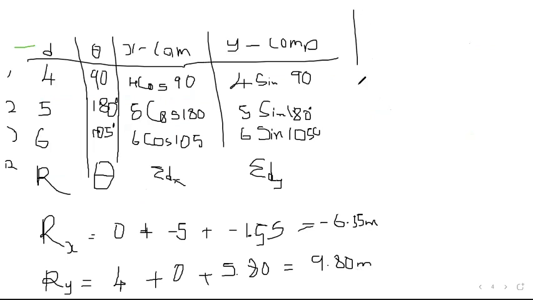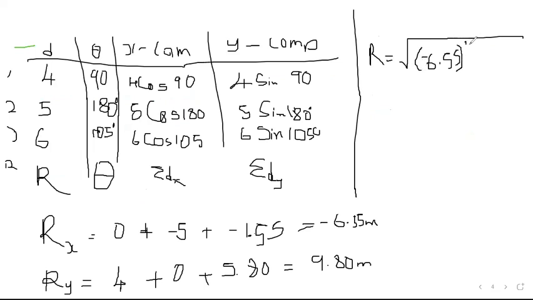Then the resultant, which is R, is just going to be the square root of the sum of the squares of these components. The x component, -6.55, squared, plus 9.80 squared.